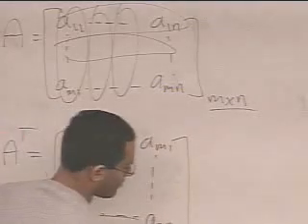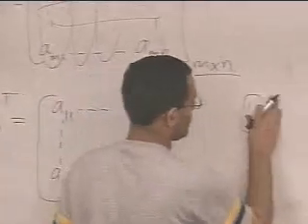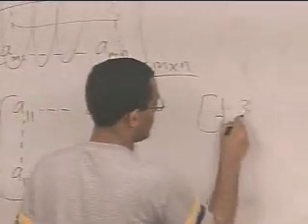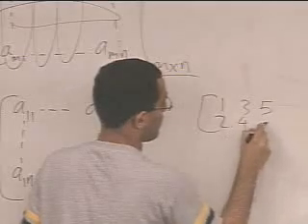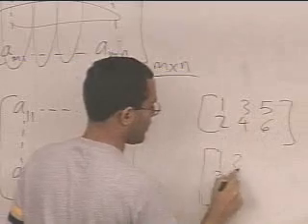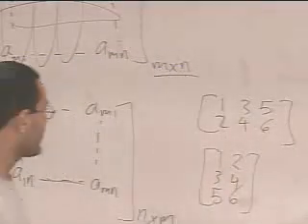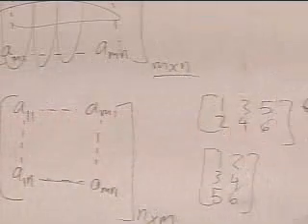So then the transpose will be an n by m matrix. As an example, take 1, 2, 3, 4, 5, 6. This transpose will be 1, 3, 5, 2, 4, 6. So this is one of the very fundamental, basic things that can be done.